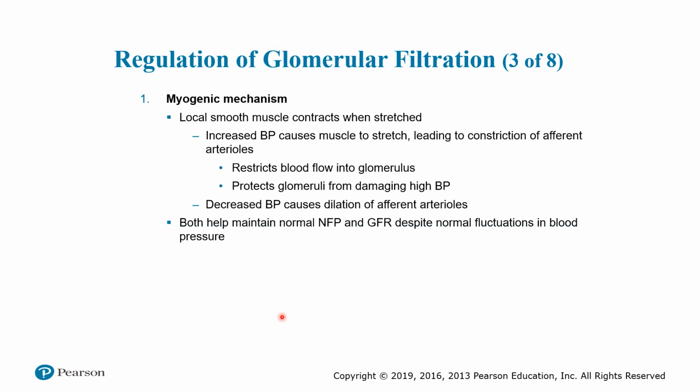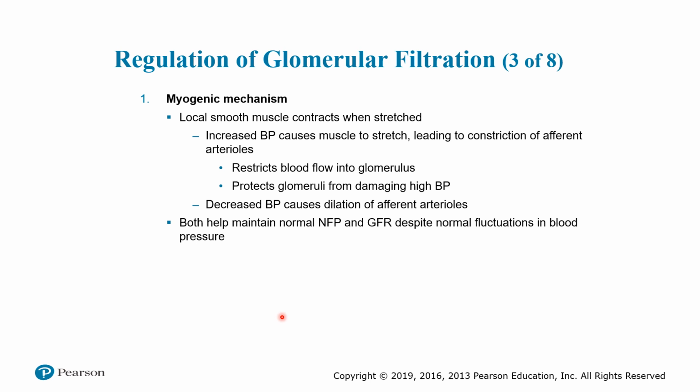The myogenic mechanism uses the property of smooth muscle: when it is stretched, it contracts. So when there is high blood pressure, the afferent arteriole is stretched, and we know there is smooth muscle in the afferent arteriole. When afferent arterioles are stretched, they constrict.